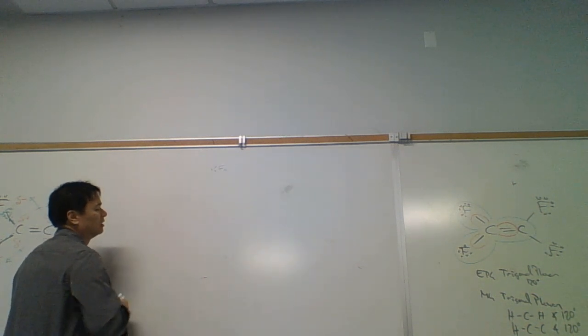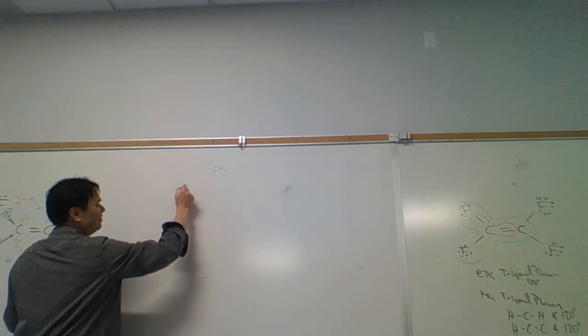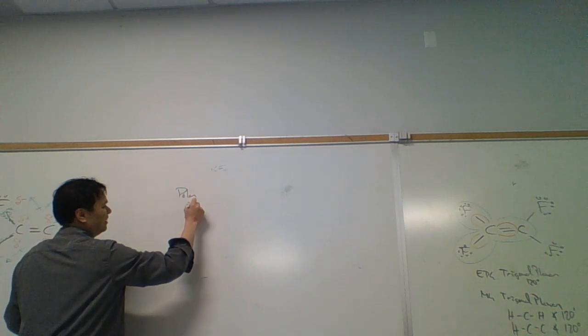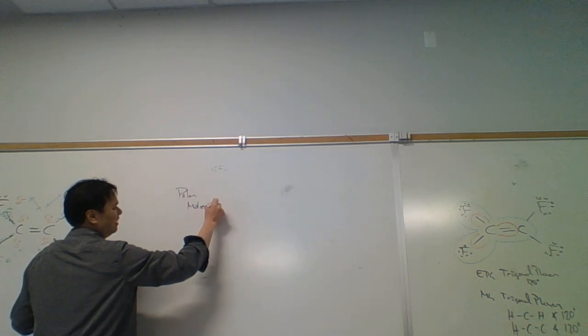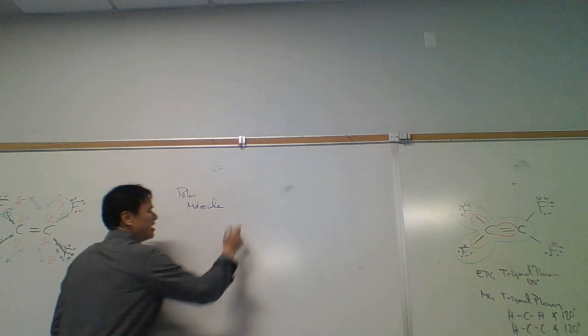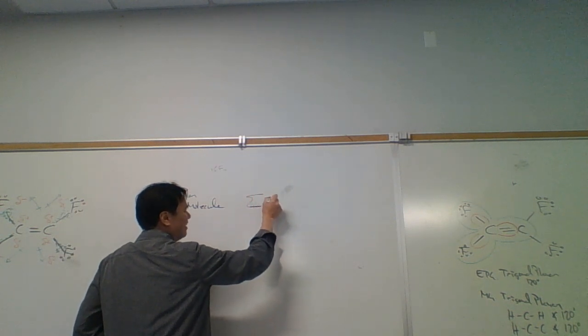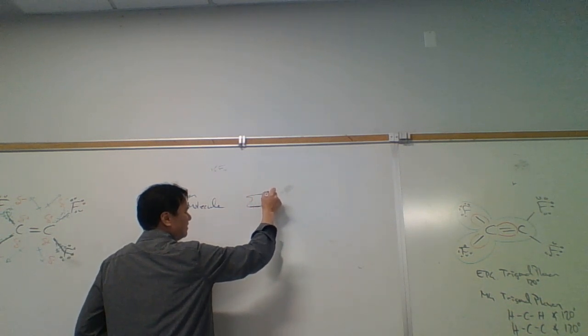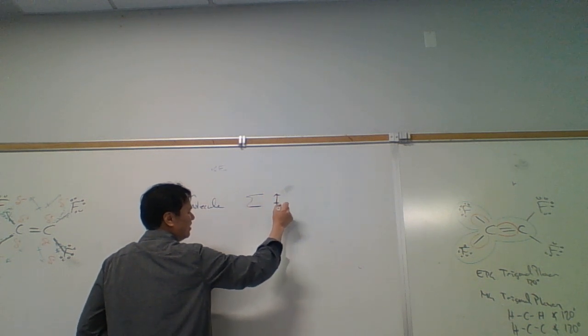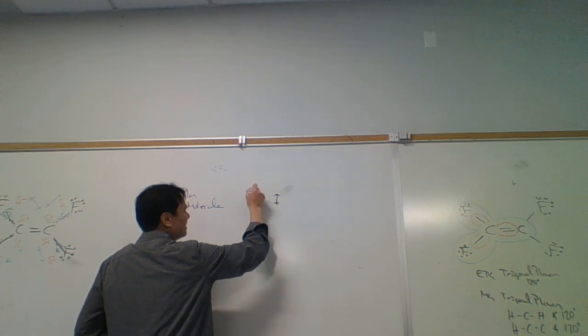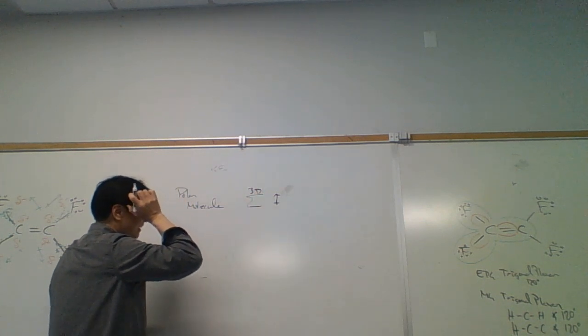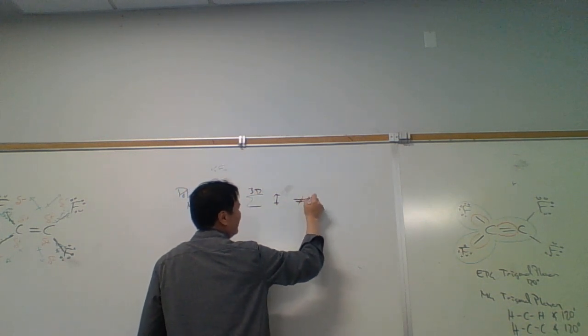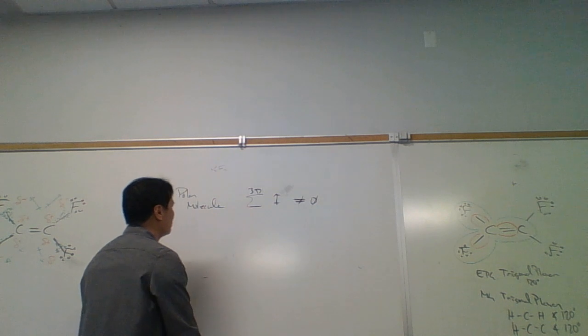Now, to have a polar molecule means that when you sum up the vectors over 3D space, they don't equal 0, then it's polar.